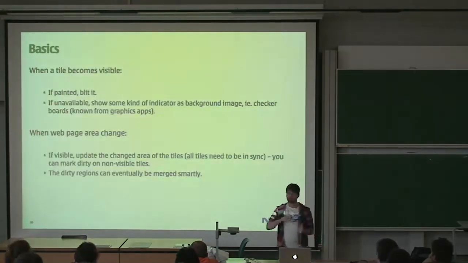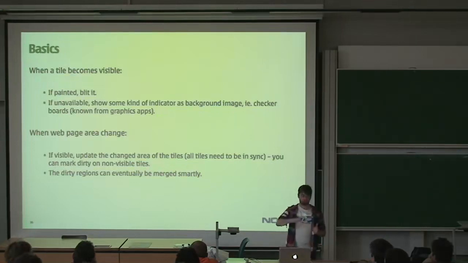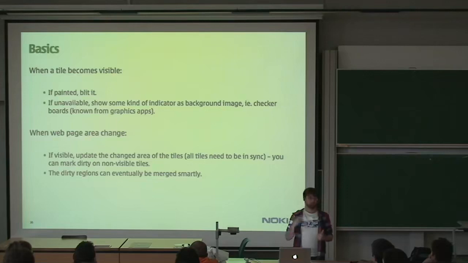So, when a tile becomes visible when you're scrolling, if it's already painted by the web process, which we're doing with, for instance, shared memory or memory mapped IO, then we can just blit it, just paint that tile on the screen.